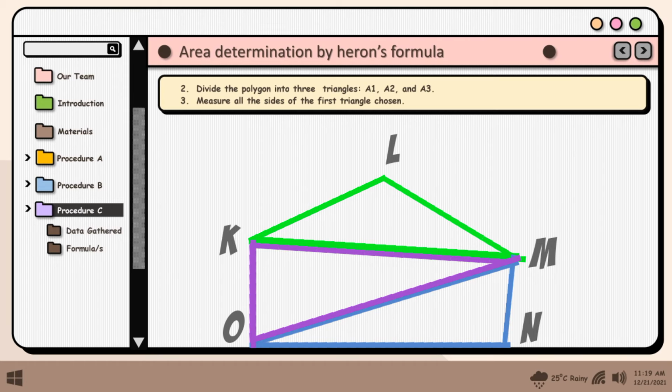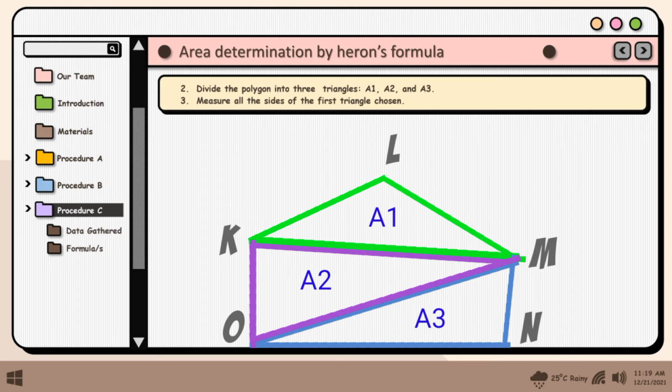The chief of party divides the polygon into 3 triangles by taking into consideration that the division should be easily measured. Name the triangles as A1, A2, and A3.